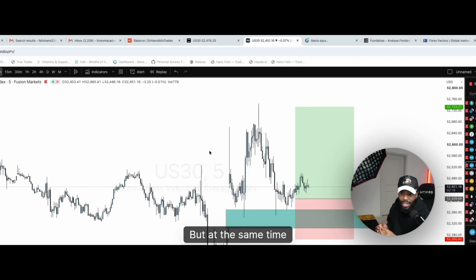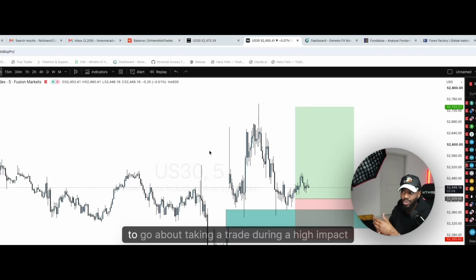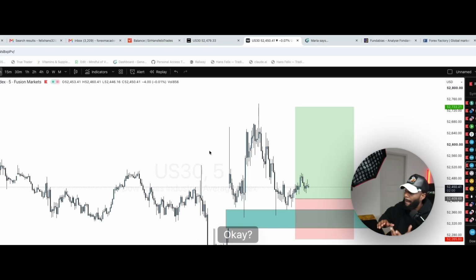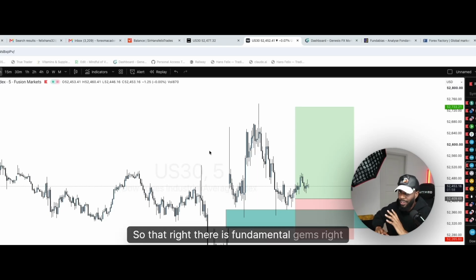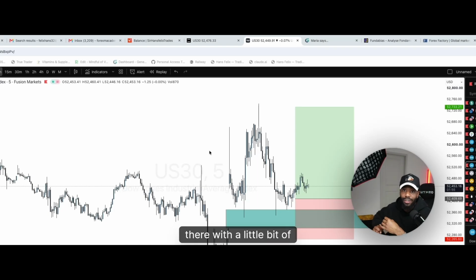But at the same time, it gives you mindfulness to go into a trade knowing that, hey, if I made $1,000 this week or this month, I'm just going to risk a portion of my profit, a portion of my earnings to go about taking a trade during a high impact news day. Okay. So that right there is fundamental gems with a little bit of psychology.